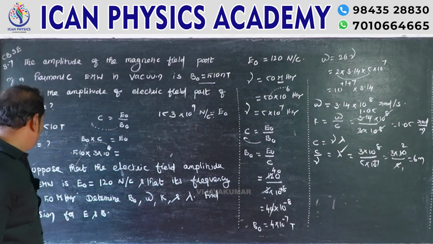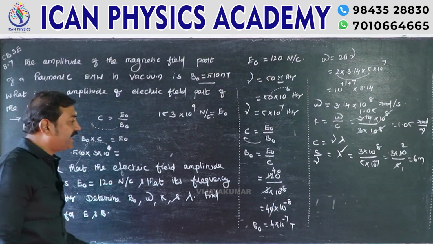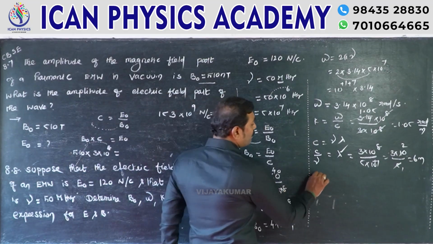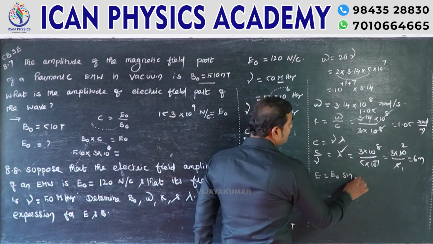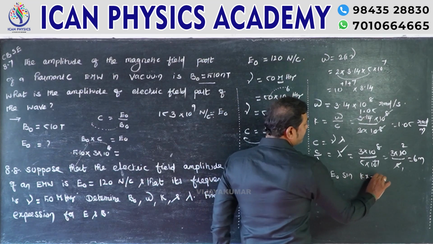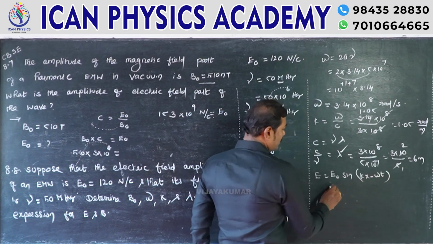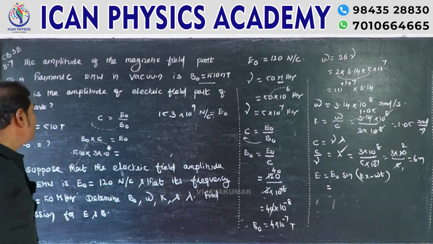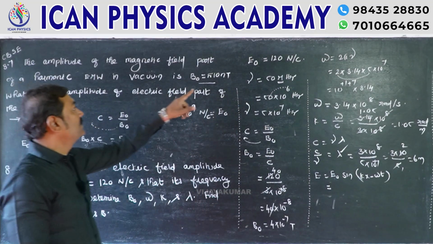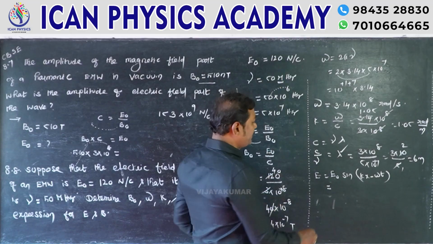Now find the expression for E and B. What is E? E equals E naught sine of kx minus omega t. What is the value of E naught? That is 120.